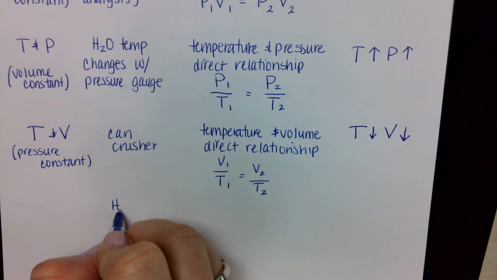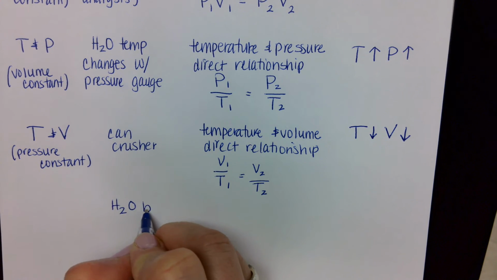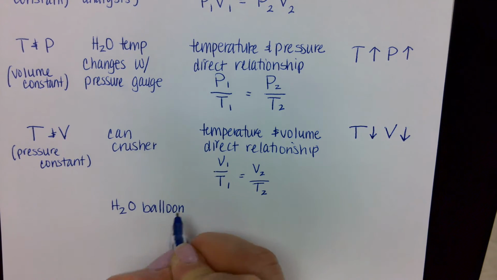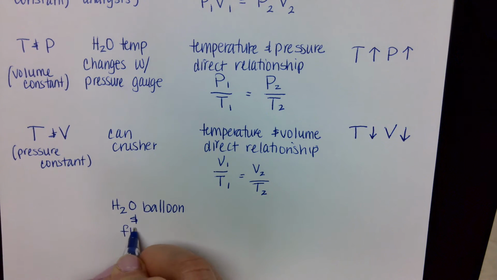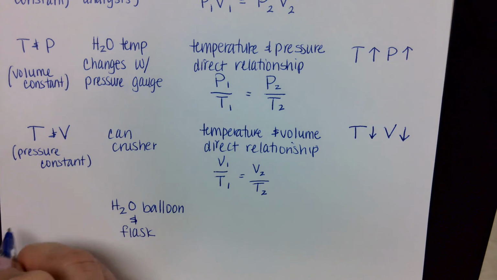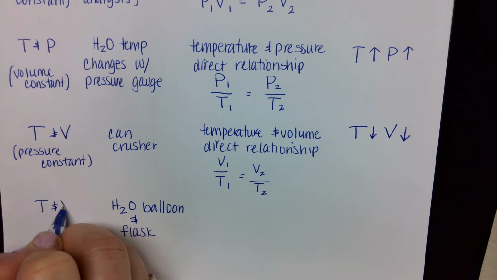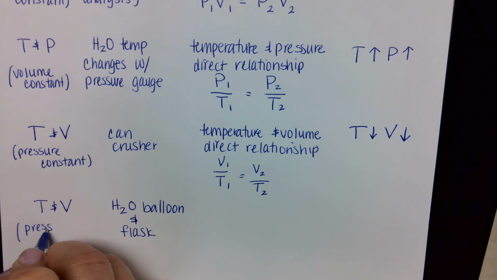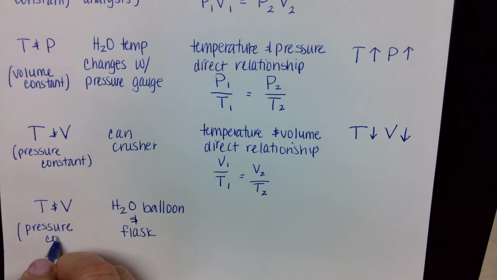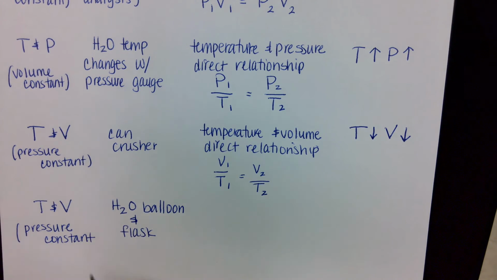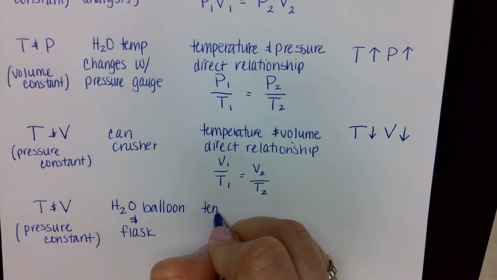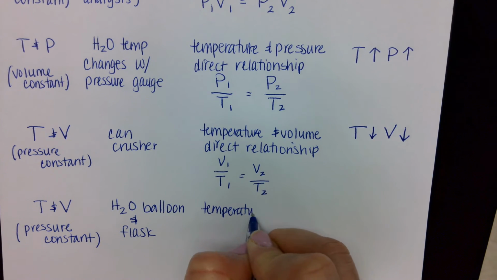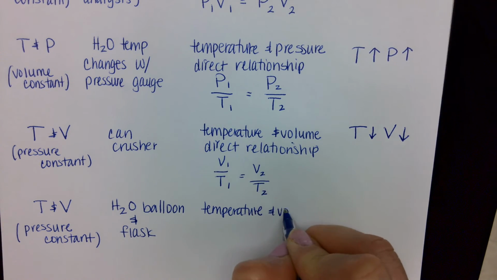The second day we also did an investigational lab where I gave you water balloons and a flask. In this case, temperature and volume are the two variables also, and your pressure was constant. So I'll write temperature and volume.